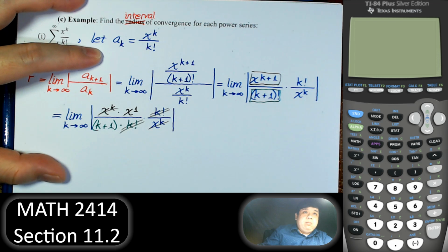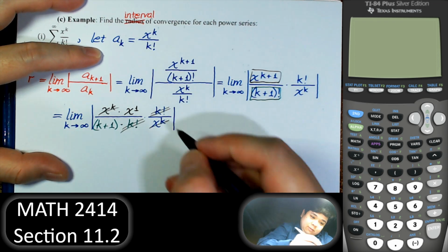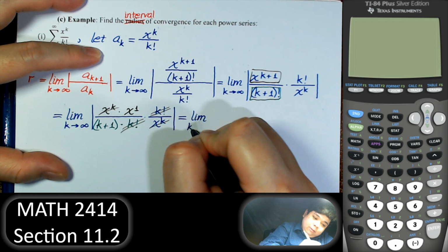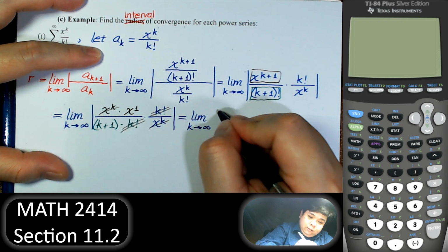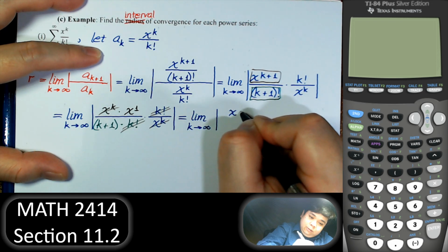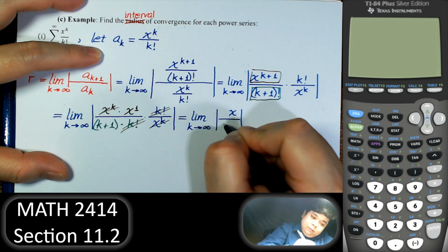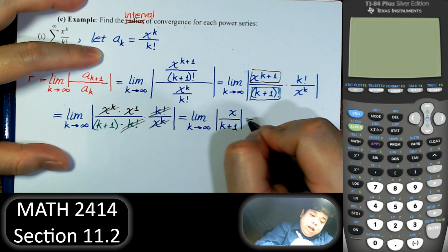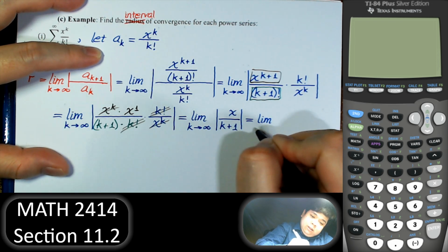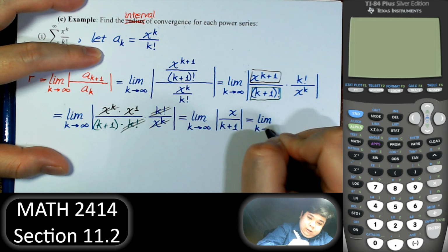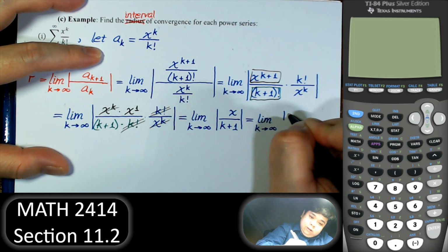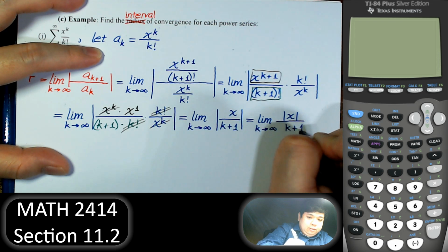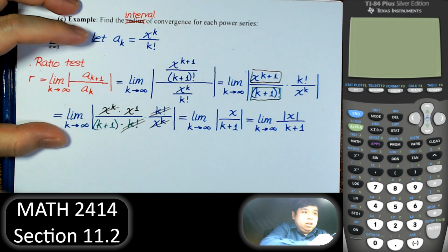We have x over k plus 1. Now since k plus 1 is positive, we only need to have the absolute values at the top, like this. So that is R.